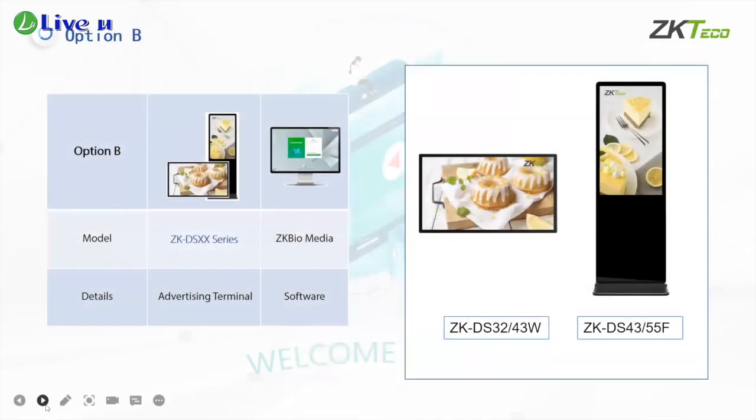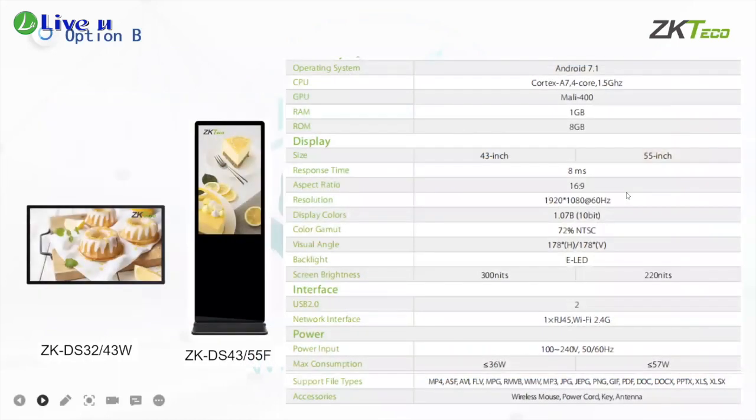Option B is the digital signage device. For this option, we just need the ZKDS series products, and the software. So here are the specifications for these products.